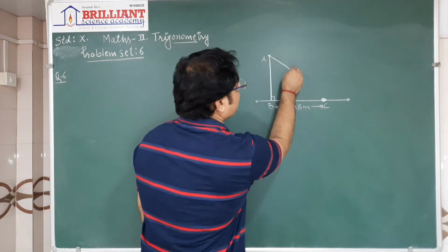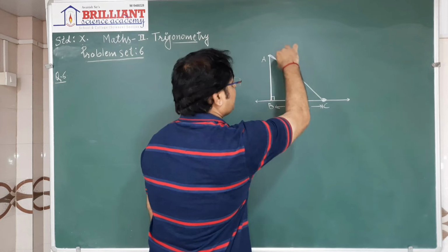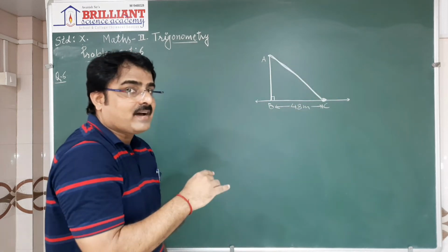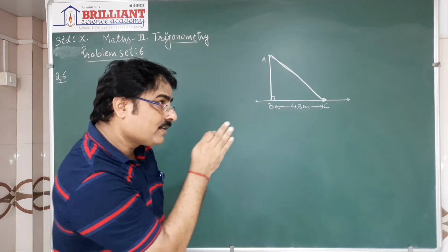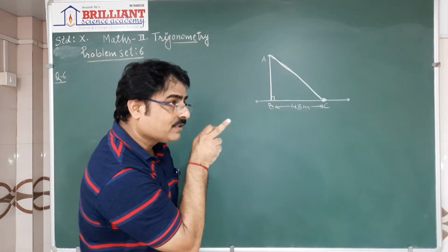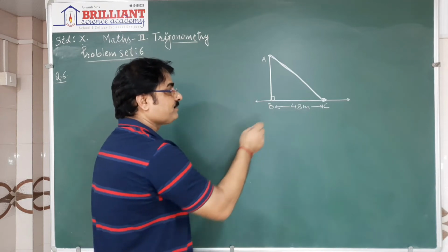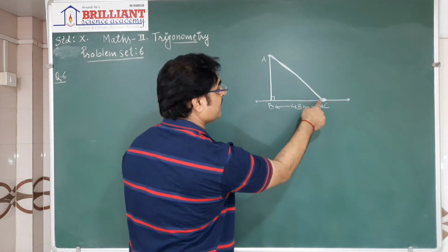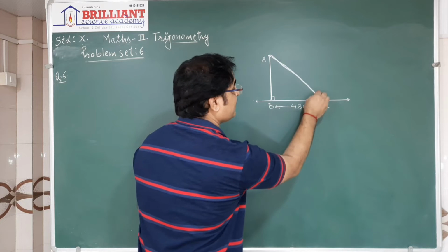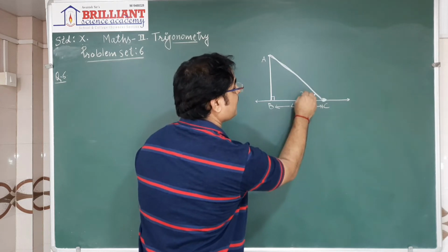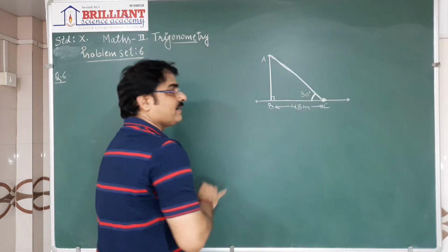Then this AC is the line of vision. You know what the line of vision is? The ray that goes from the observer to the object is known as the line of vision. So this is the line of vision and this is horizontal. Then this angle is the angle of elevation, and it is given as 30 degrees.